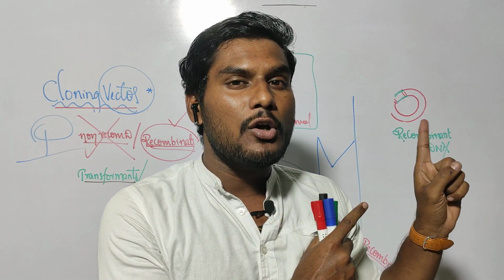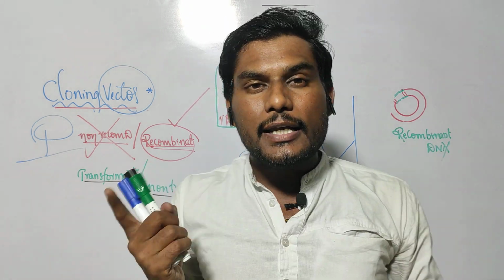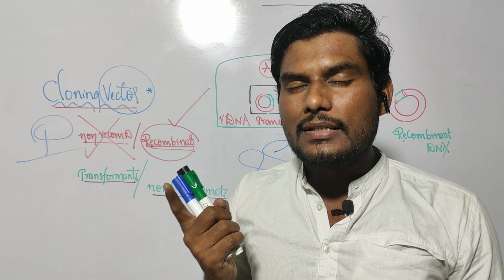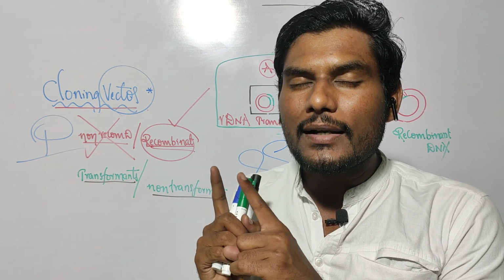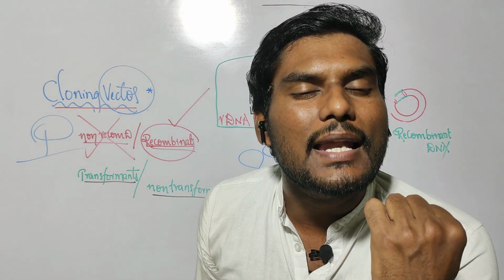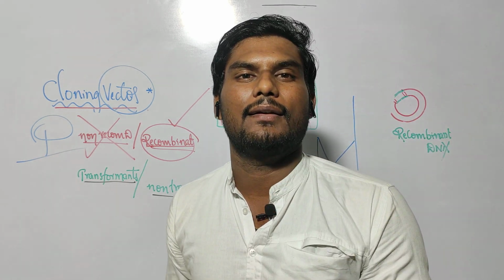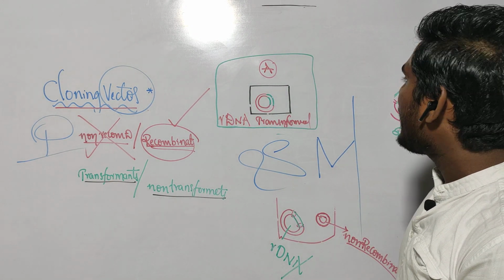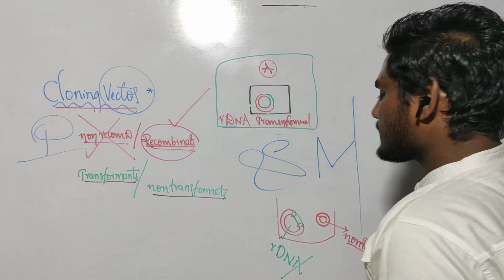Non-recombinant means the gene of interest is absent. We don't want that. A recombinant bacterial cell contains recombinant DNA. This is what we want. How can you select? For that purpose we have selectable markers.